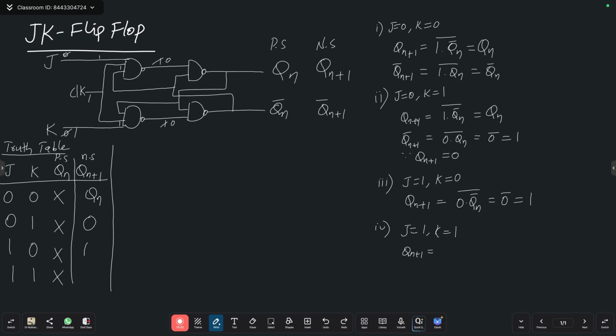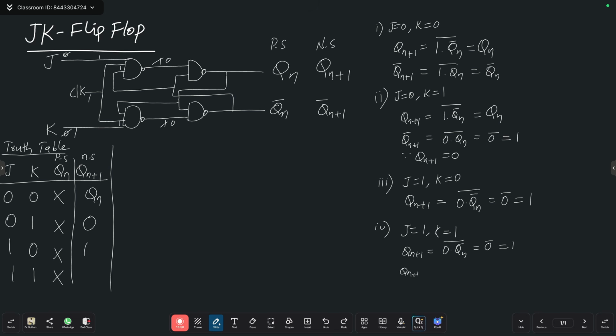Tell me. J equal to 1, its complement 1, 1, 1, complement is 0. 0 into Qn bar whole bar. What is going to happen? 0 bar, 1. But the set state is already existing, right? And you need to check with its complement line because J equal to 1, K equal to 1. So it is not possible actually, but it is there, so we need to check.